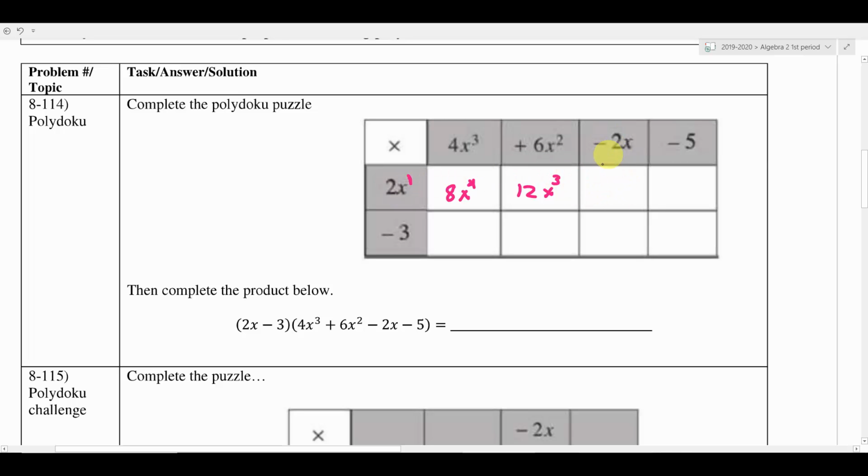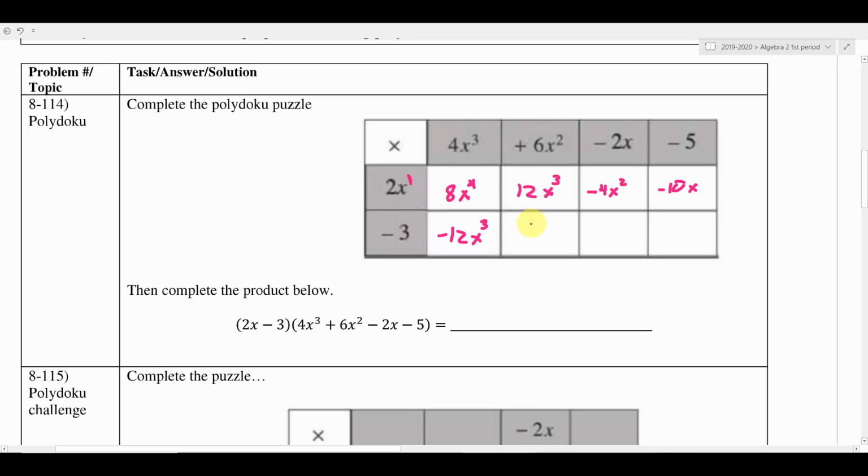Okay, so we're going to keep going. 2 times negative 2 is a negative 4, and then x times x is x squared, right? 2 times negative 5 is negative 10, and then there's no x here, but there is an x here, so we'll just have negative 10x. Okay, keep on going here. Let's do the second row. So negative 3 times negative 4 is a negative 12, and then there's no x on this one, x cubed on this one, so it'll just stay as an x cubed.